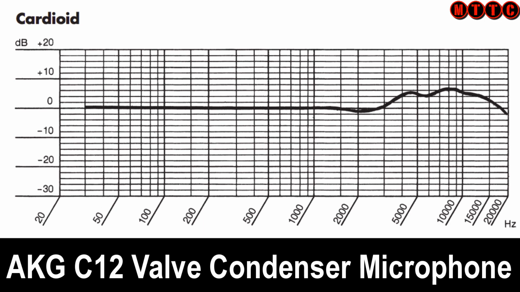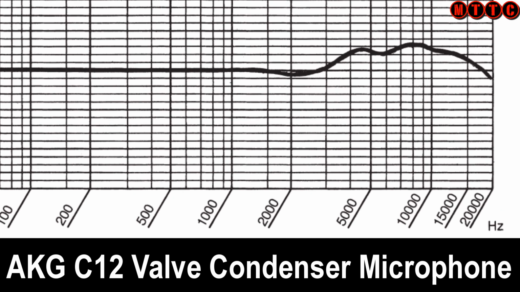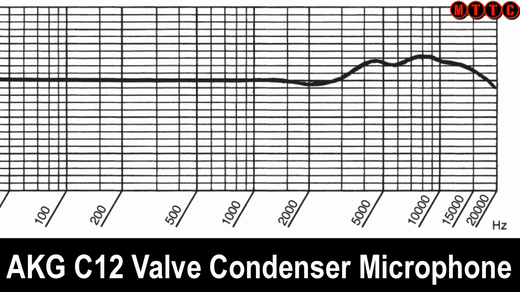And you can see it's pretty flat all the way along. There's a slight dip around 2 kilohertz, and then it rises up again around that range to enhance the vocals. And around 8 to 9 kilohertz, there's a nice bump there. And then there's a smooth roll off from about 10 kilohertz through to 20 kilohertz.